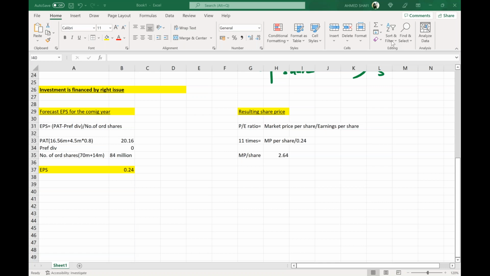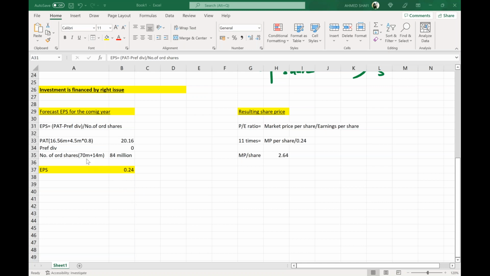Now I try to make life very easy in these calculations. You need forecast EPS for the coming year. This is the formula of EPS, right? PAT less preference dividend over number of ordinary shares. That means you need PAT for the coming year, you need preference dividend for the coming year, and you need the number of ordinary shares.